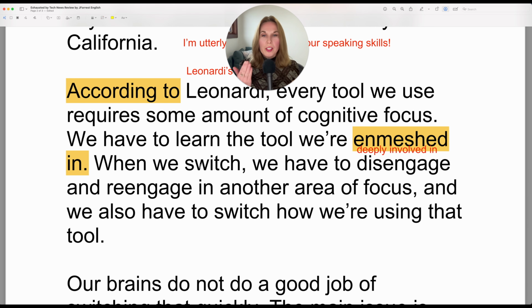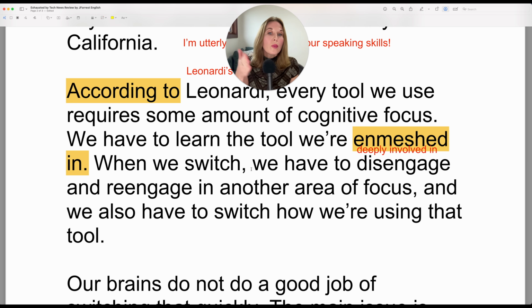When we switch tools, so now I'm using Loom, which is a software, to create this lesson for you, but then I may switch and start using a completely different tool, ChatGPT, for example. So I have to go from doing what I'm doing now to then switch to using another tool.